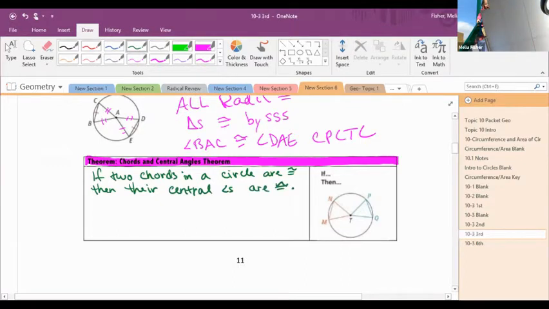So that means if MN is congruent to PQ, and we're talking about those chords, then we know that angle MTN is going to be congruent to angle QTP.